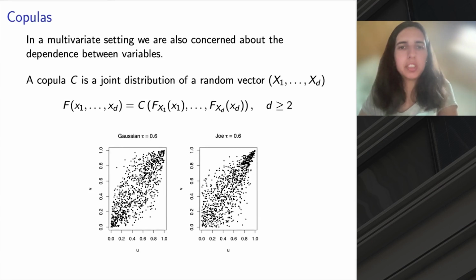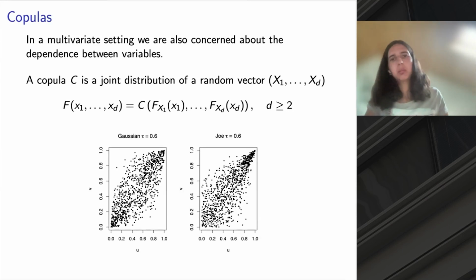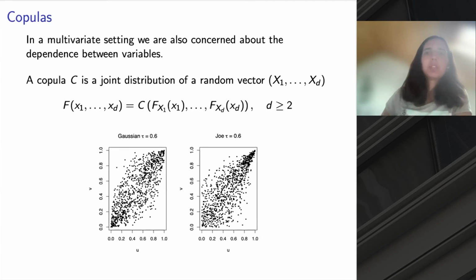If we have a Gaussian, this is more or less uniform in the support, in the (0,1) square. But if we have a Joe copula, we can see that it is more dependent in the extremes rather than in the body. So that's what I'm trying to show, that copulas are able to capture dependence differently than the overall dependence measures that we are used to.